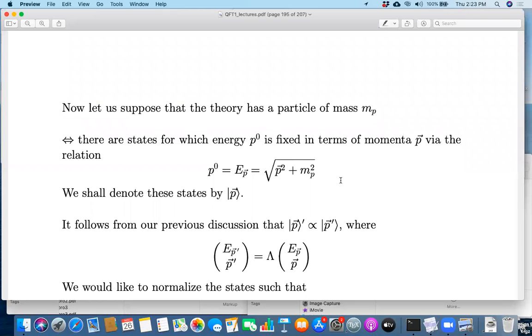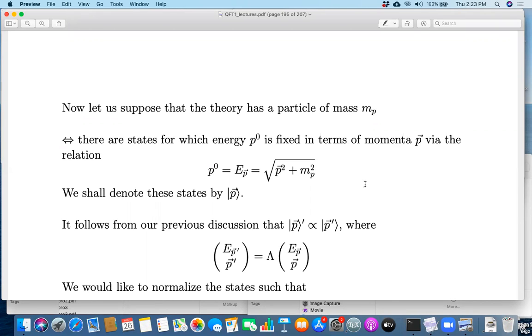But those states would be related by a single kind of field. Let's say we are doing this for phi-4 theory. We have only one kind of phi, there's no other field. So although there's one phi, we have different particles of different masses.